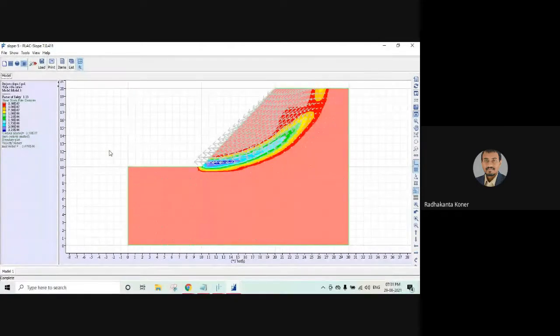But you have to ensure that the profile of that particular phreatic line matches the field condition. We do not have data, so we have arbitrarily taken it. You have rightly pointed out that this is not a linear profile, it should be a curved one.